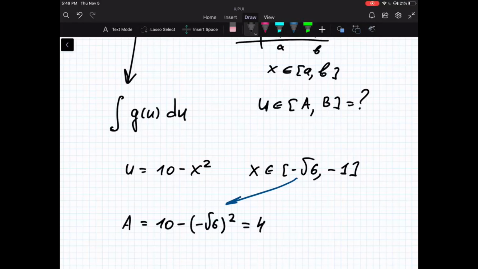While the right endpoint, using the formula, should correspond to point B, which is 10 minus 1 squared, which is just 9. And so we get that the corresponding interval for u is from 4 to 9. That are my new limits of integration.